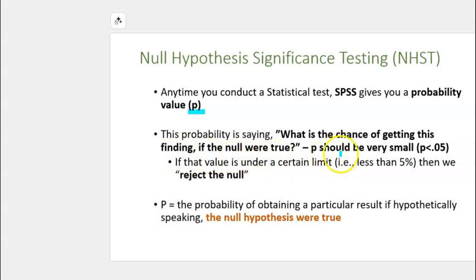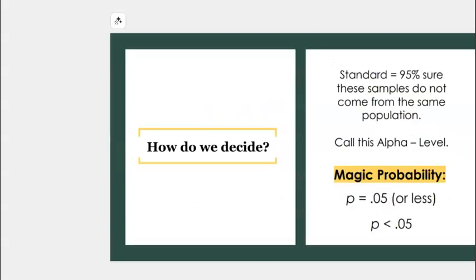So the p-value should be very small. If the p-value is under a certain limit, about 0.05, then we reject the null hypothesis. It is the probability of obtaining a particular result, hypothetically speaking, if the null hypothesis were true. So this is how you interpret it.